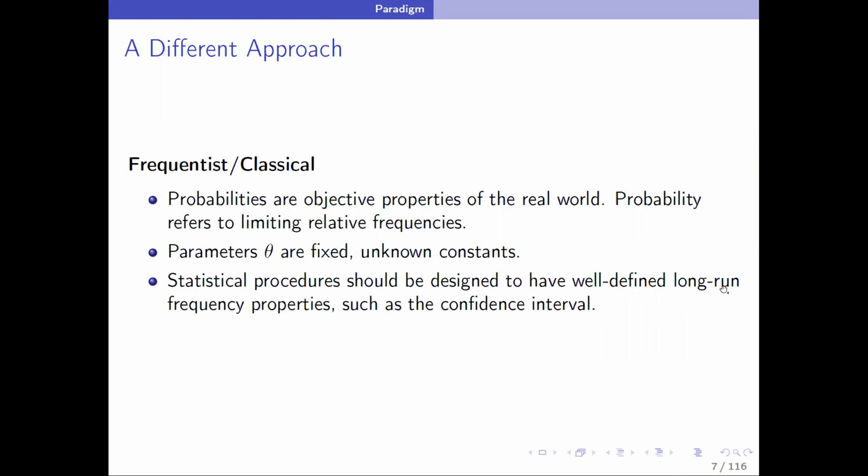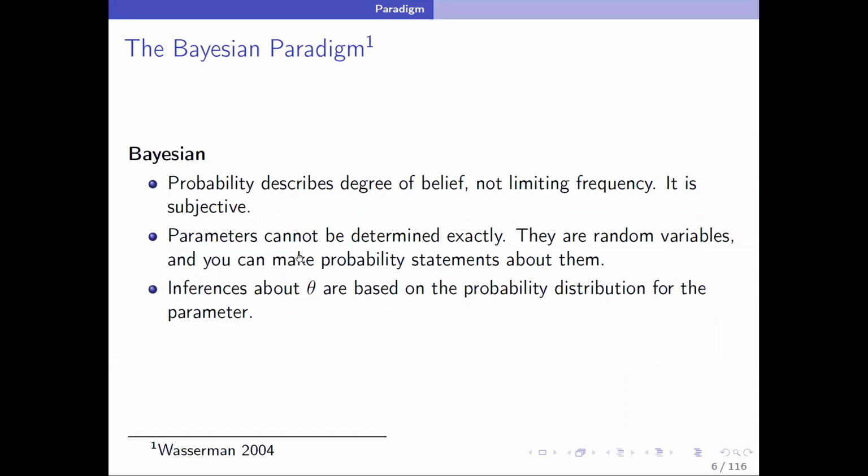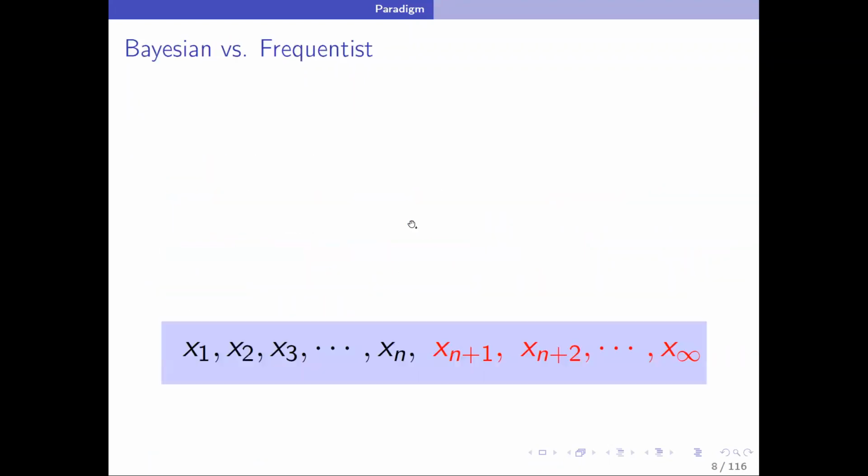Long-run frequency reflects the very basic assumption that probability refers to a limiting frequency. Since parameters themselves are fixed, statistics, when you practice it, is really about data. But on the other side, the Bayesian paradigm is focused on the parameter, not on the data. So this is a simple diagram of how you see Bayesian versus frequentist.